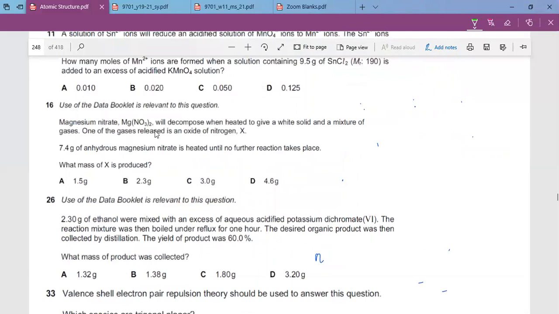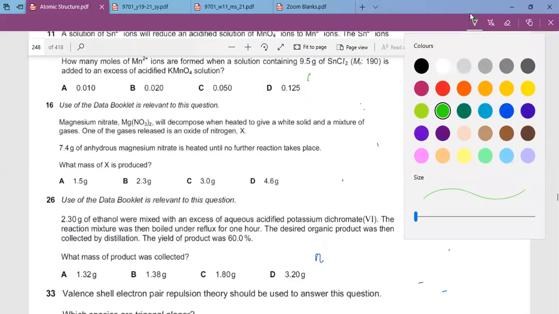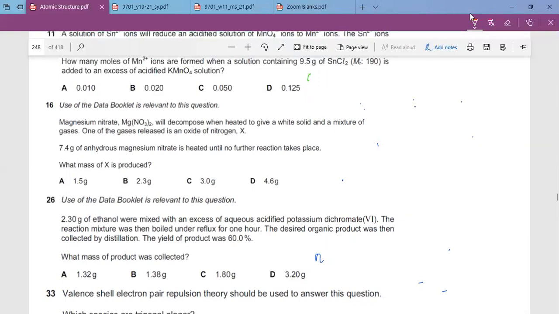Magnesium nitrate will decompose when heated to give you a white solid and a mixture of gases. One of the gases released is the oxide of nitrogen, X. So here you need to know the equation. I use red ink now, easy to see. You did this in Form 4.